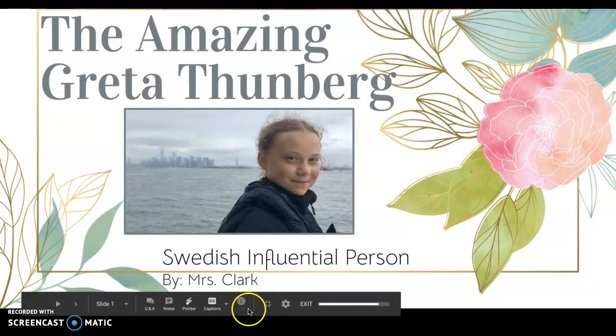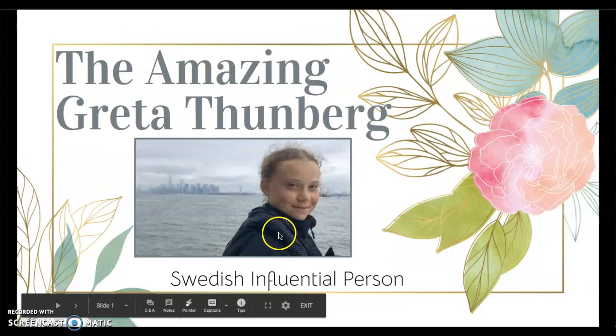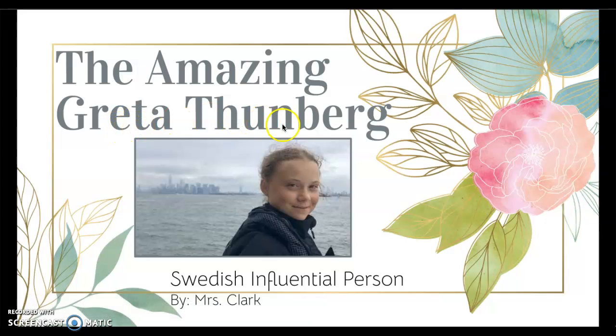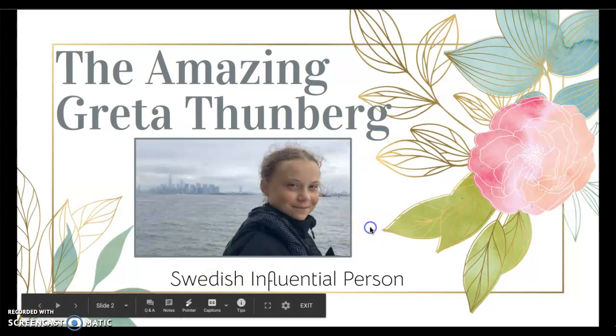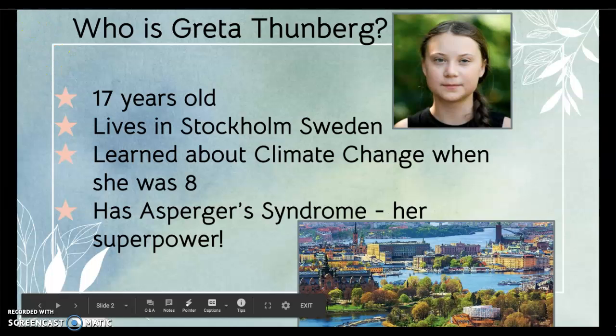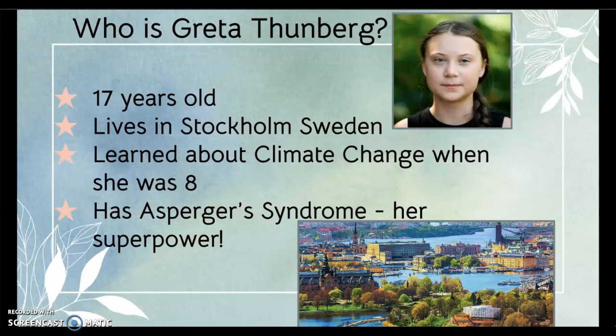Here it's loading. All right, I chose Greta Thunberg. I actually don't 100% know how to say her last name, but I think that's how you pronounce it. She is a fabulous girl from Sweden. Who is Greta? Here's a picture of her, and I just put some bullet points.